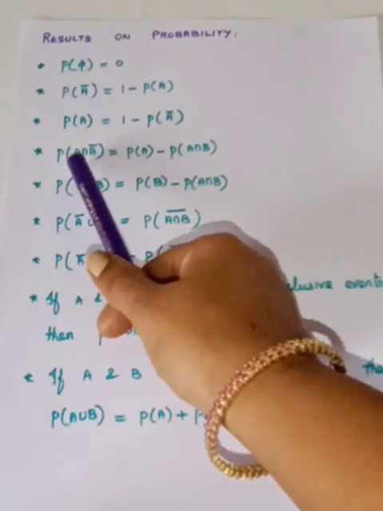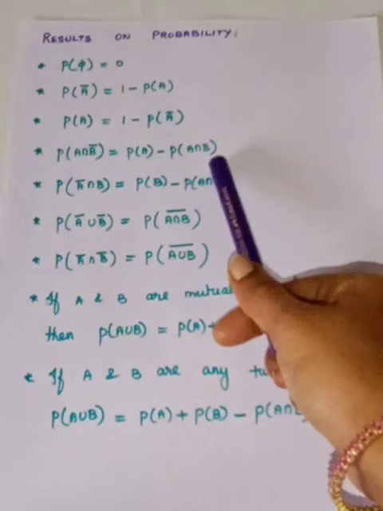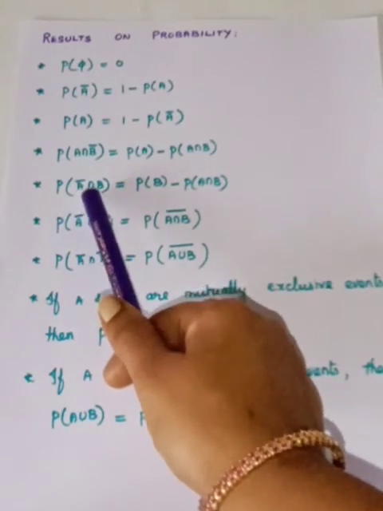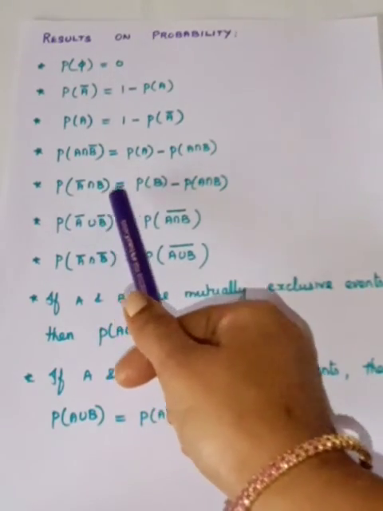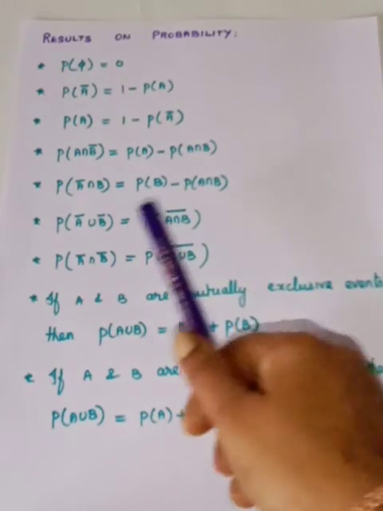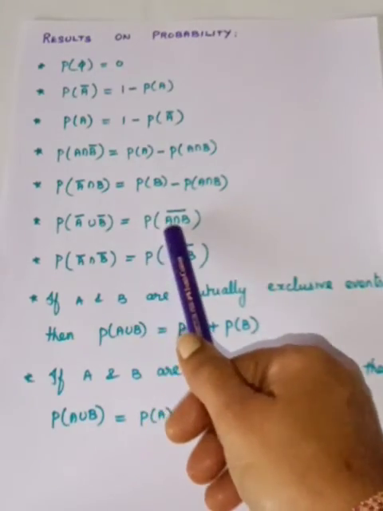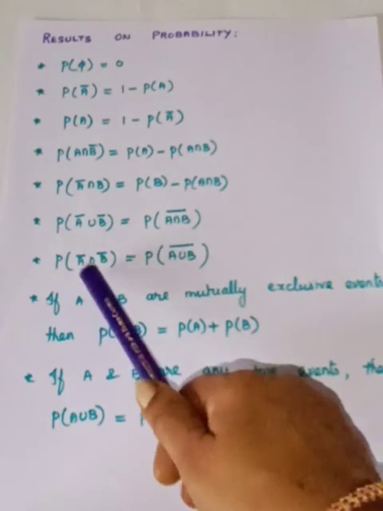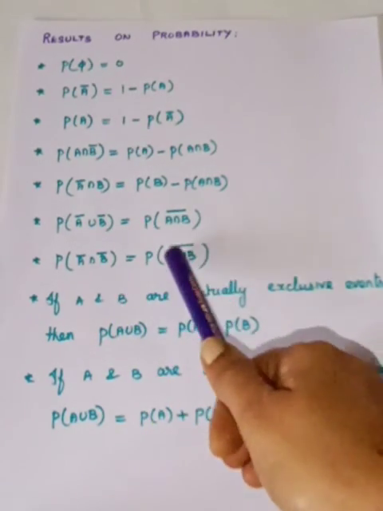P of A intersection B bar is P of A minus P of A intersection B. In the same way we can find P of A bar intersection B, which is P of B minus P of A intersection B. P of A bar union B bar can be written as P of A intersection B the whole bar. And P of A bar intersection B bar can be written as P of A union B the whole bar.